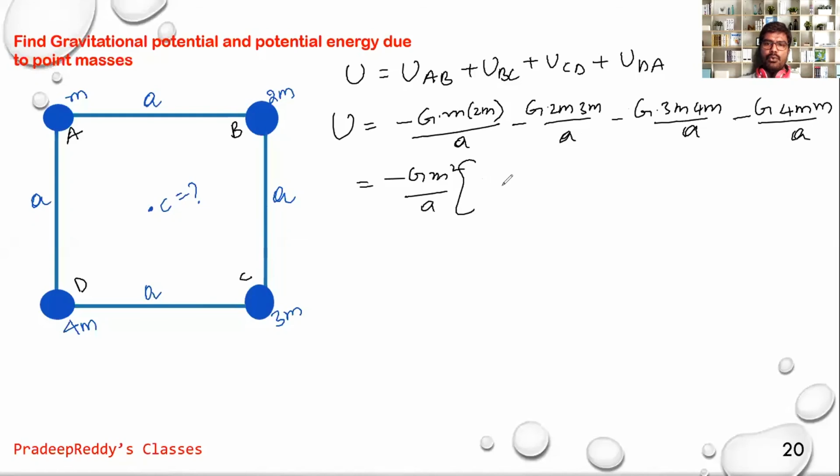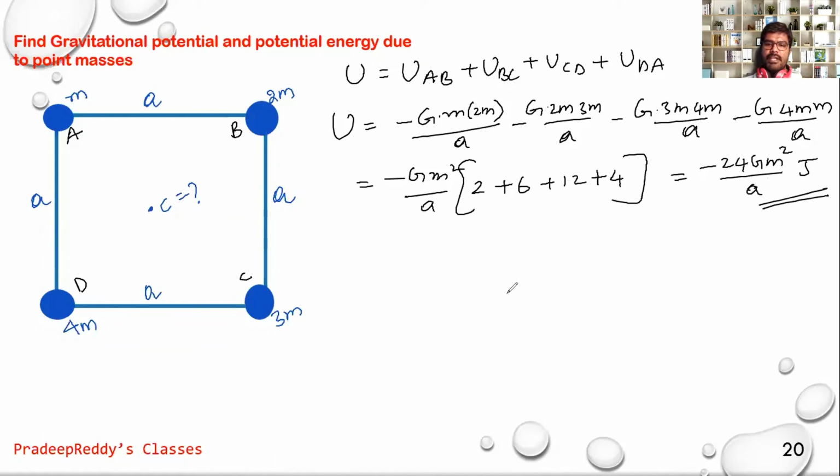What remains is 2 plus 6 plus 12 plus 4, which is 24. So it is minus 24 capital G m square divided by A joule. This is the gravitational potential energy.